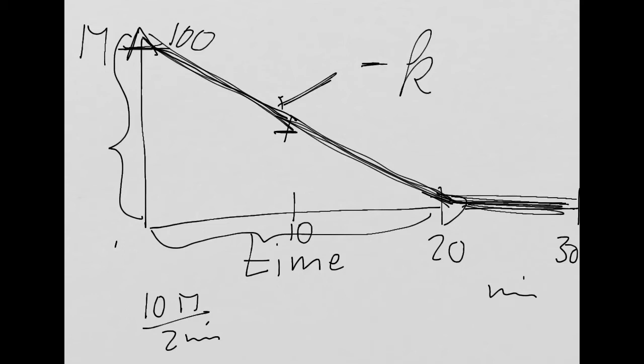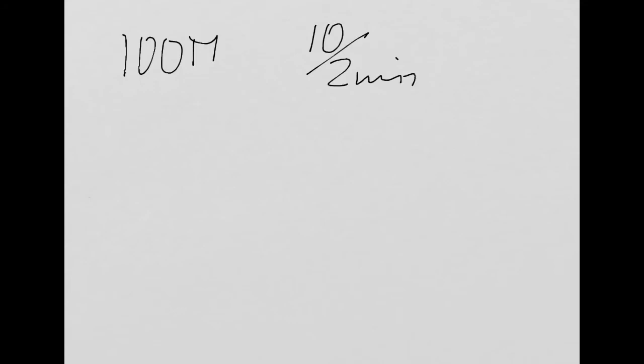Okay, now I modify the job slightly for you. In the previous example, I said I start with 100 Maltesers and I can eat 10 per 2 minutes. That is what I said before.